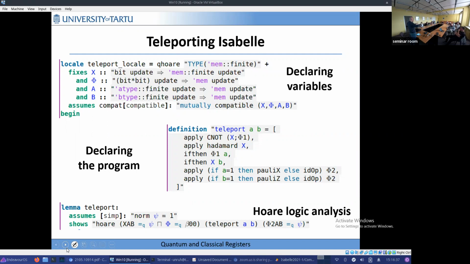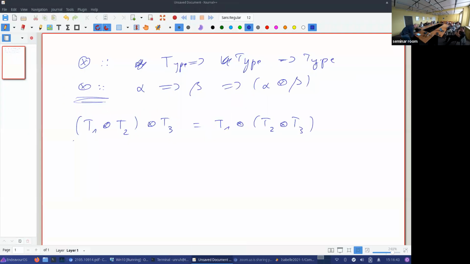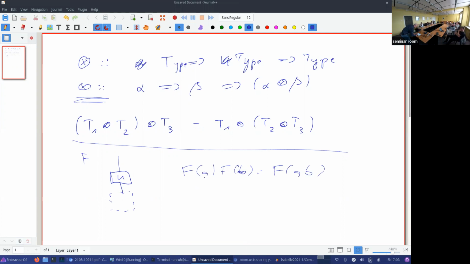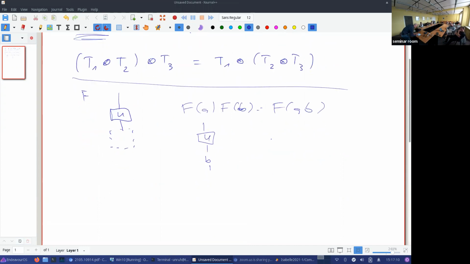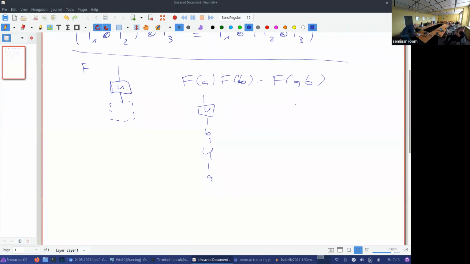Because if you take this thing with holes, let's say we have U and then the hole, let's say this is my F. Then I do not have that F of A times F of B equals F of AB, because the one on the left side would be U, B, U, A, and this one here would be U, B, A. So at least it doesn't satisfy the axioms of registers then.